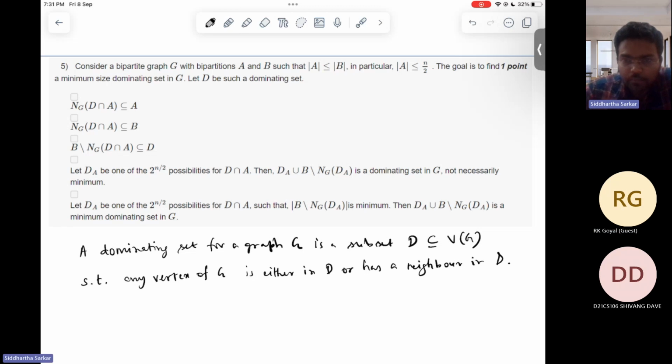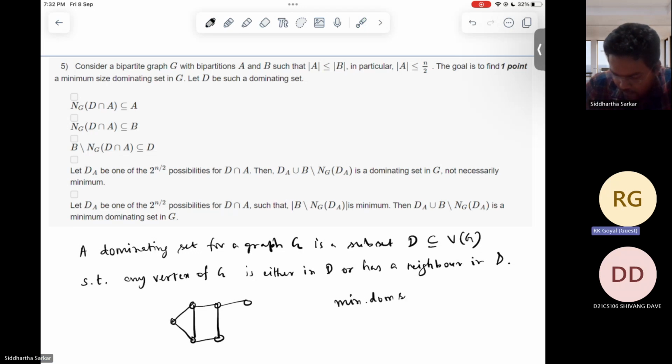So let's take an example. Let's say this is a graph and we want to find a minimum dominating set. Of course, if you take all the vertices, that is also a dominating set. So can you guess what the minimum dominating set size is?